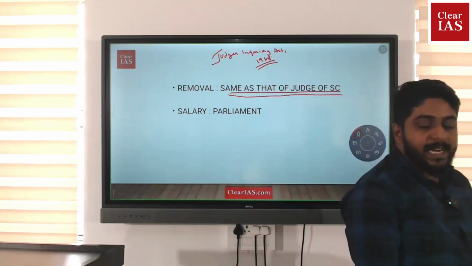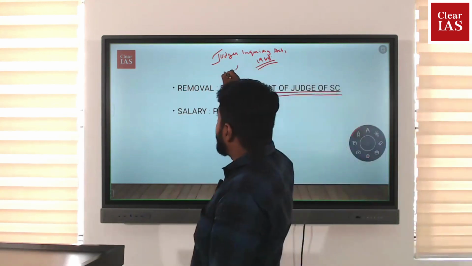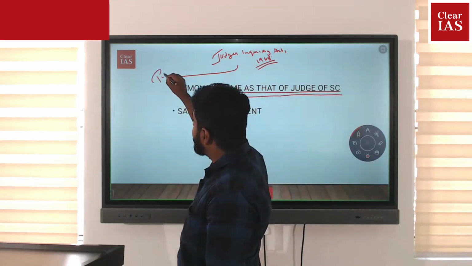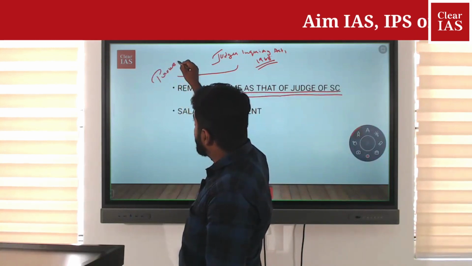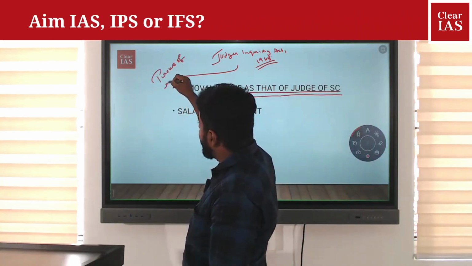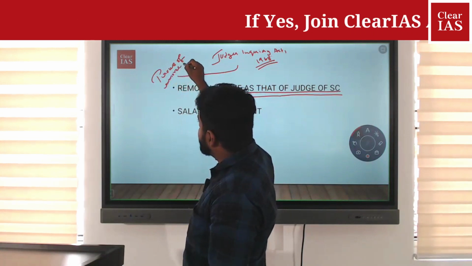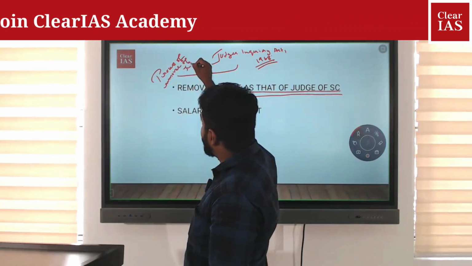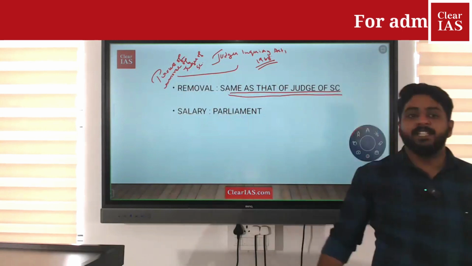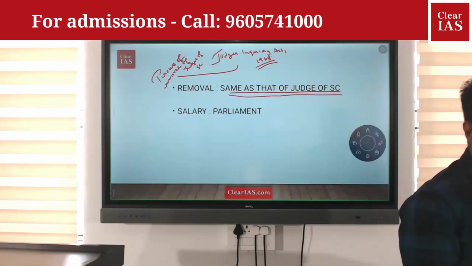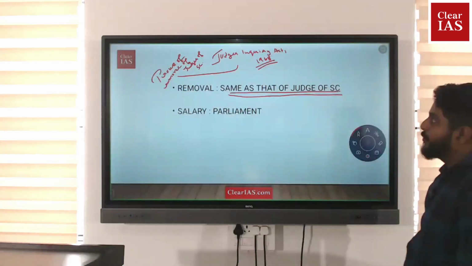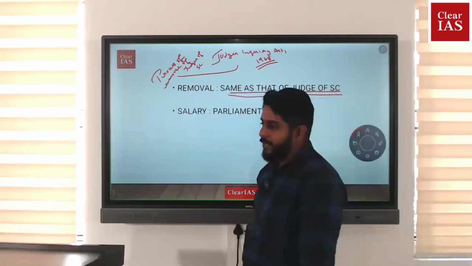Okay. So understand the process of removal of the judges of the Supreme Court. The process of removal of the judges of the Supreme Court is mentioned in the Judges Inquiry Act of 1968.